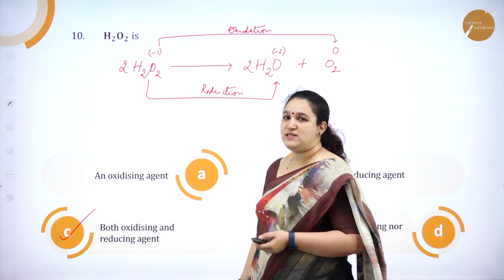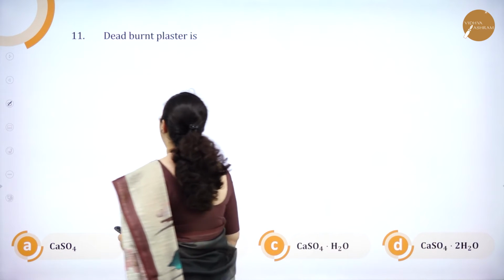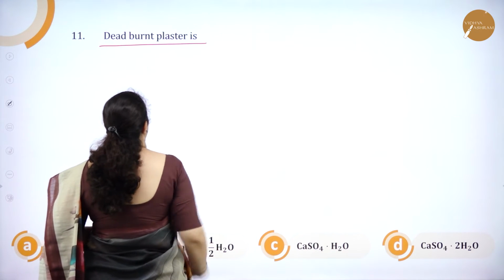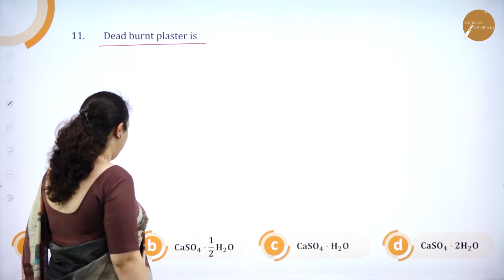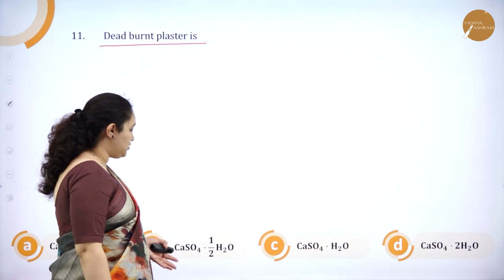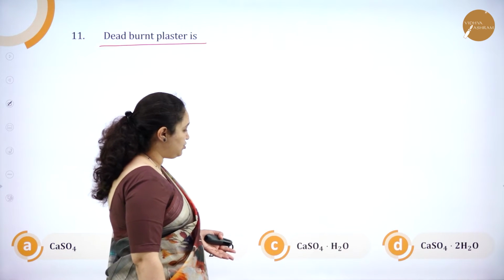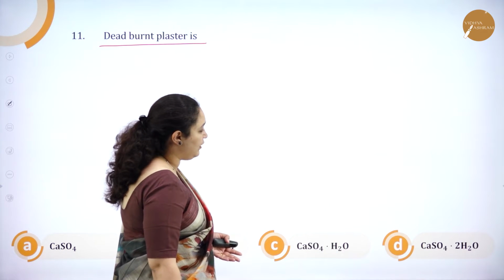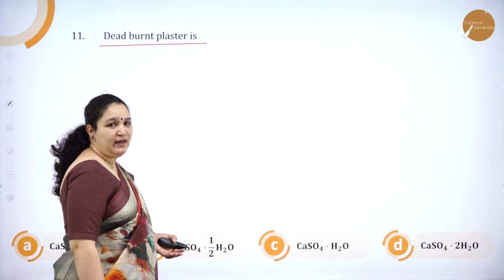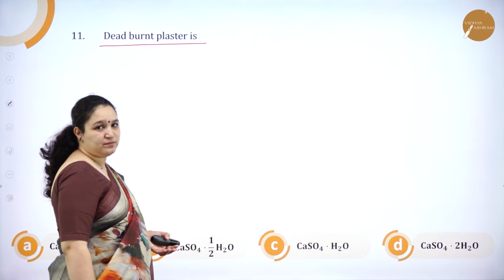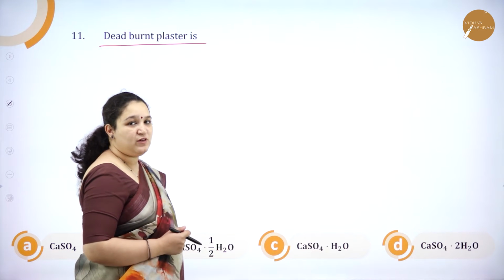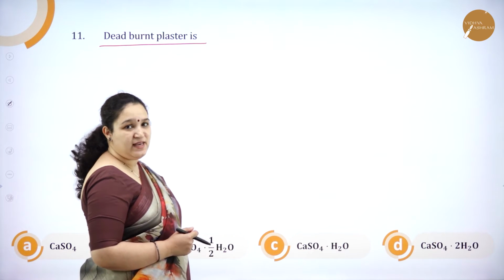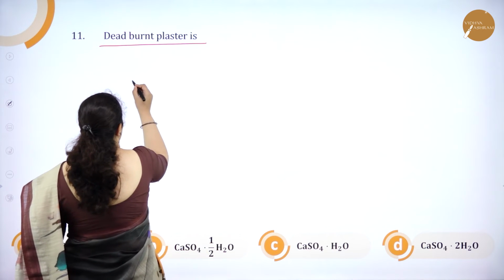Okay. Next question, dead burnt plaster is, they have given calcium sulfate with half H2O, calcium sulfate dot H2O, calcium sulfate with 2 H2O. What do you mean by dead burnt plaster? If we burn gypsum, what is the formula for gypsum? It is CaSO4 2H2O.